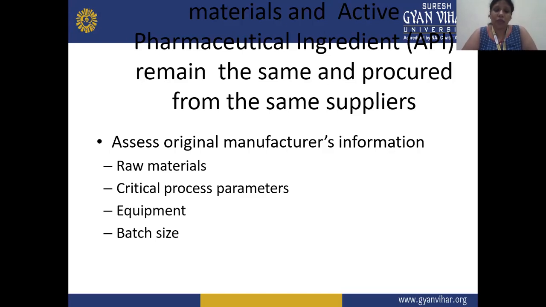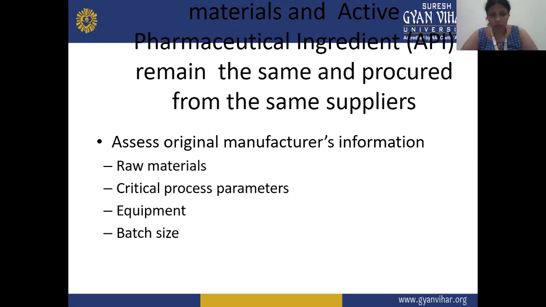For example, if the batch size of 5 lakhs is provided by the original manufacturer, and you want to make the formulation for 10 lakhs, you should discuss it once with the giving side, the company that is giving it to you, the client side. Then you can make a little variation in the size, or you can make 2 batches of 5 lakhs.